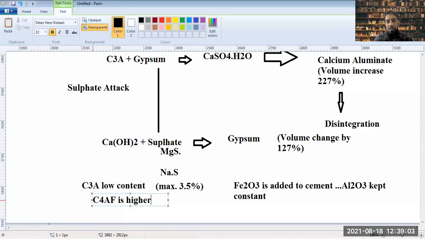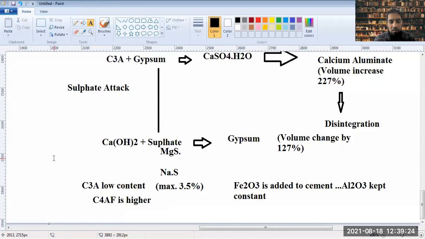Once C3A decreases, C4AF has to be increased. So ferric oxide is added and alumina content is kept constant. With that relative proportioning, the C3A content decreases and C4AF increases.